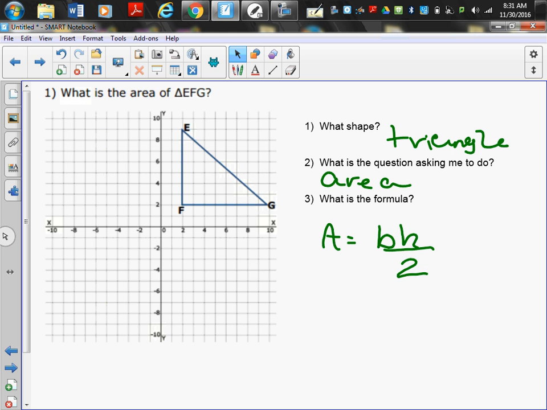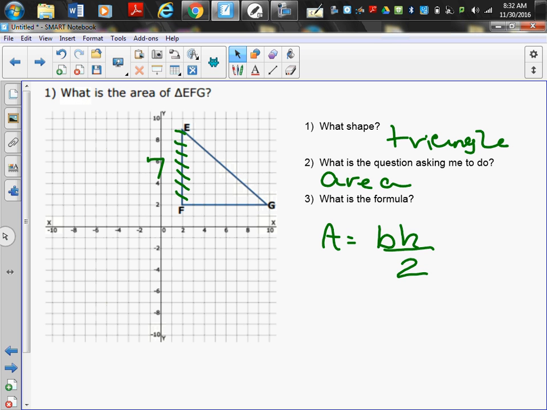So, I'm going to count 1, 2, 3, 4, 5, 6, 7. How many steps did it take? 1, 2, 3, 4, 5, 6, 7. All right.